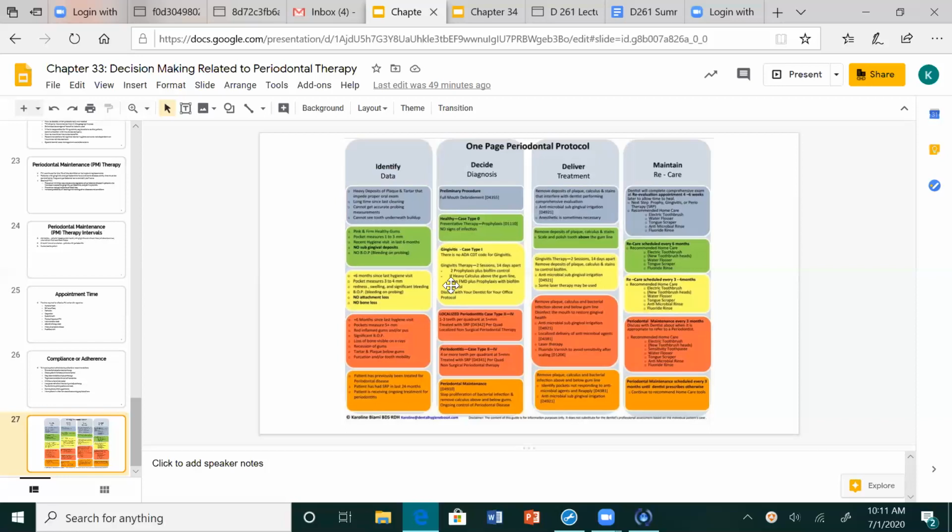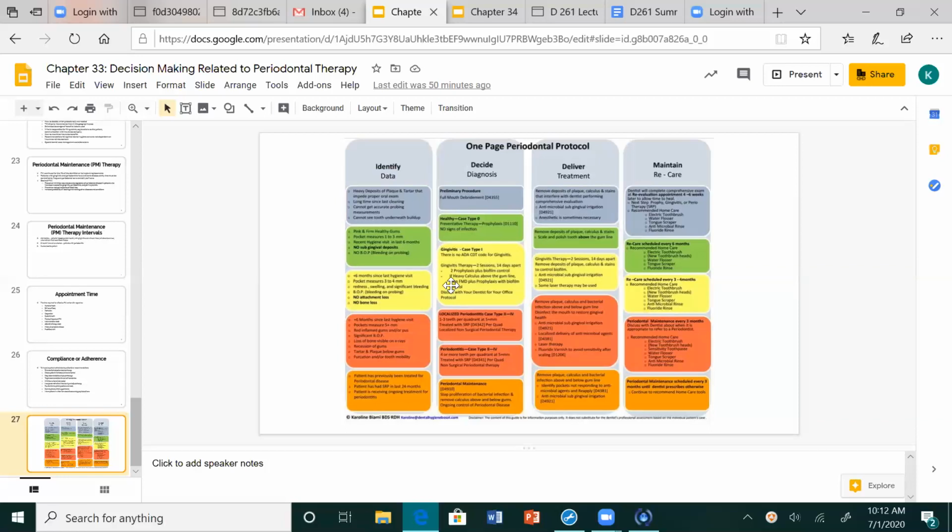So typically, if it's been a couple years since your last cleaning, then insurance will allow you, like HDS, which is probably the most popular insurance in Hawaii, Delta Dental will allow you to do 3 prophies that year if it's been more than 2 years since their last prophy. So you could do a prophy 1 on July 1st and then have them come back in a month and do prophy 2. You could do a full mouth debridement and then a prophy 1.